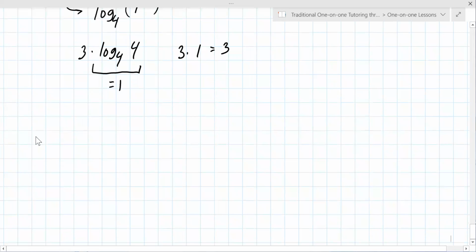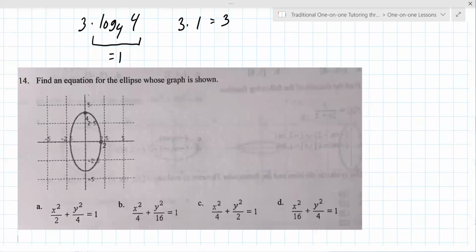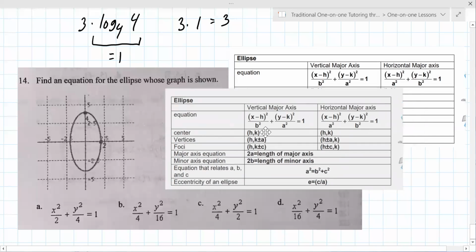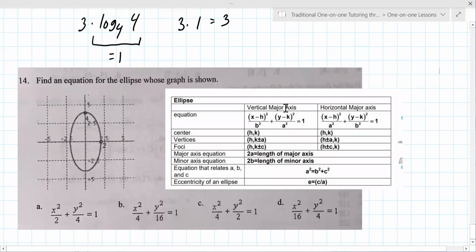All right, 14. So again, I'm going to snip in that ellipse stuff that we've been doing, because I think it's really helpful here to have. So this one has a vertical major axis, which means that because A is always bigger than B, and A is under Y this time, it's vertical.